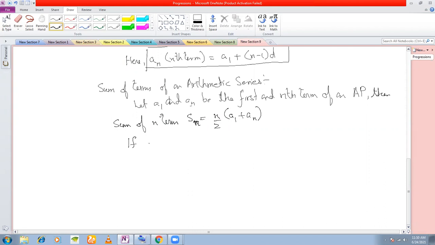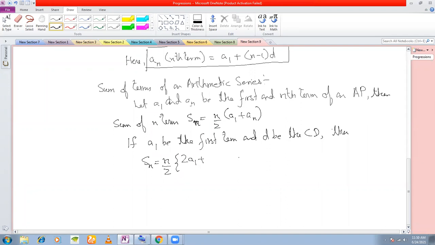If A1 be the first term and D be the common difference, then Sn is written as n by 2 into (twice A1 plus n minus 1 into D).